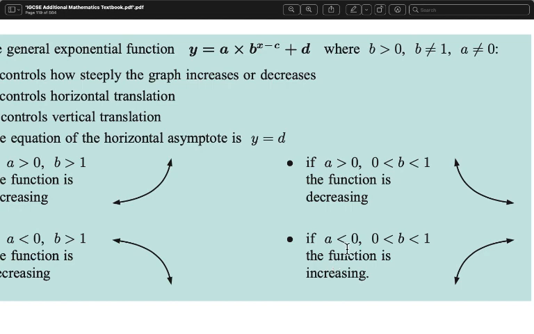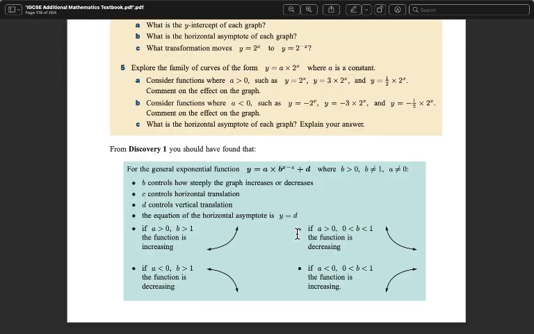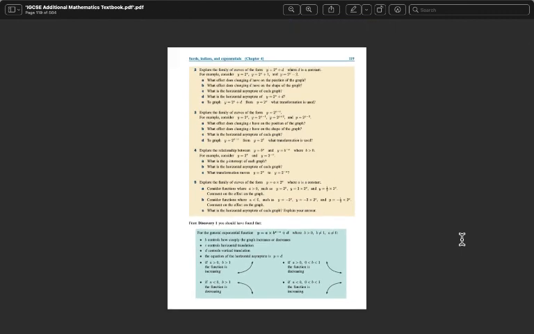However, if a is smaller than 0, but b is between 0 and 1, the function will increase. b will control the steepness of the graph, c will control the horizontal translation, and d controls the vertical translation of the equation, with d as an asymptote that the equation will approach but never touch.